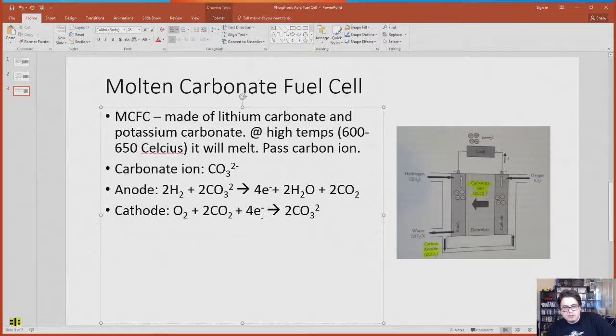So here, the 4 electrons will get pulled into this chemical reaction to create these carbonate ions. And this part right here is what pulls electrons through the terminal, and that creates our load and our energy.